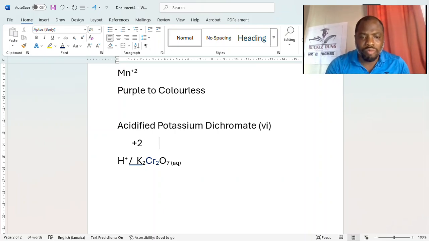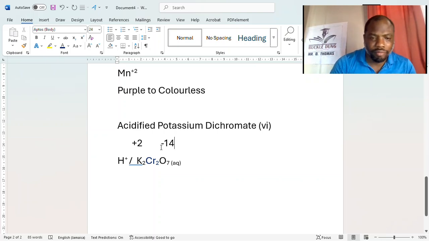Now, the oxygen, we have 7 of them, and so it is 7 times negative 2.